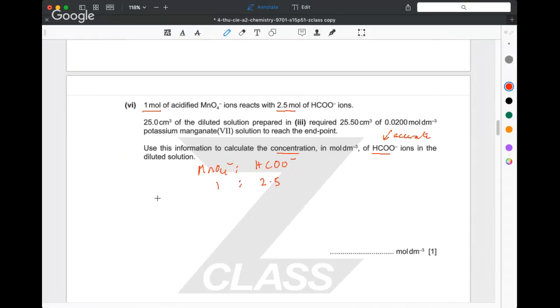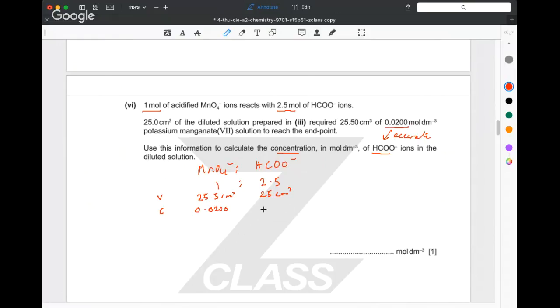And we know that we had a volume of 25 centimeters cubed of that, and the volume that we measured in the titration was 25.5 centimeters cubed of the manganate. And we know that the concentration of the manganate was exactly known. So we knew the concentration there was 0.0200 moles per decimeter cubed.